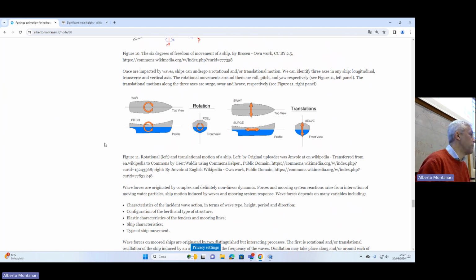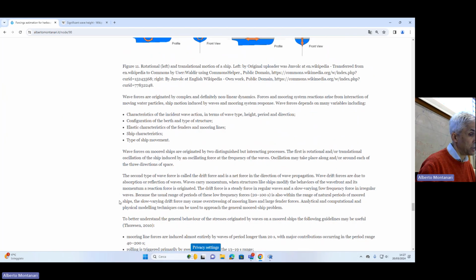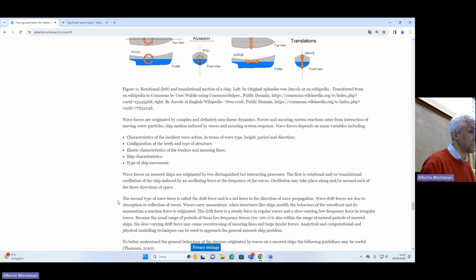Here, we need to simplify things, because the purpose here is to estimate the forcing along the mooring lines, the bollard points, and let's try to simplify things, but be careful. I am simplifying according to the indication given by the Spanish rules, the rules that I made available for you to download here, which are a good reference.